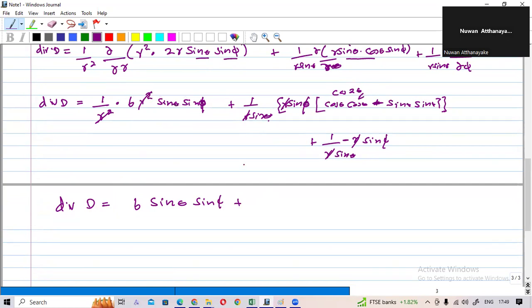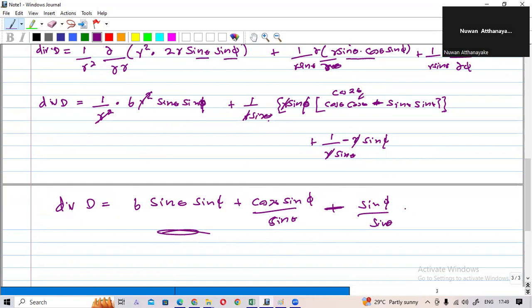So r cancels out. So you will have cos 2 theta sine phi divided by sine theta. Plus r cancels out here. This is minus sine phi divided by sine theta. So this is the divergence of D.